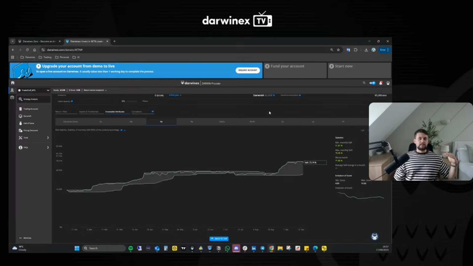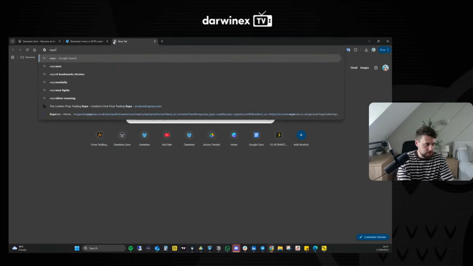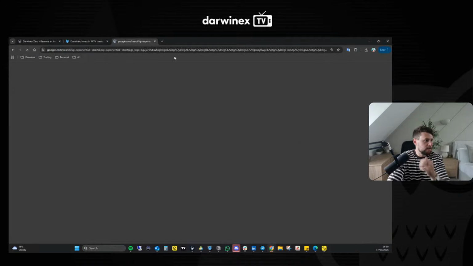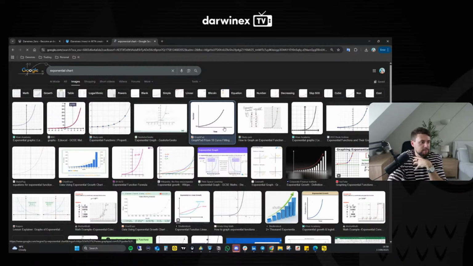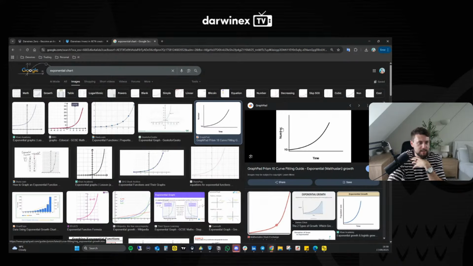I don't know if you've ever seen an exponential chart. It's kind of like this. If we imagine this is chance of blowing account up to 100%, and this is value at risk. It's very slow at first. If we added a line on here, it might be 30%.